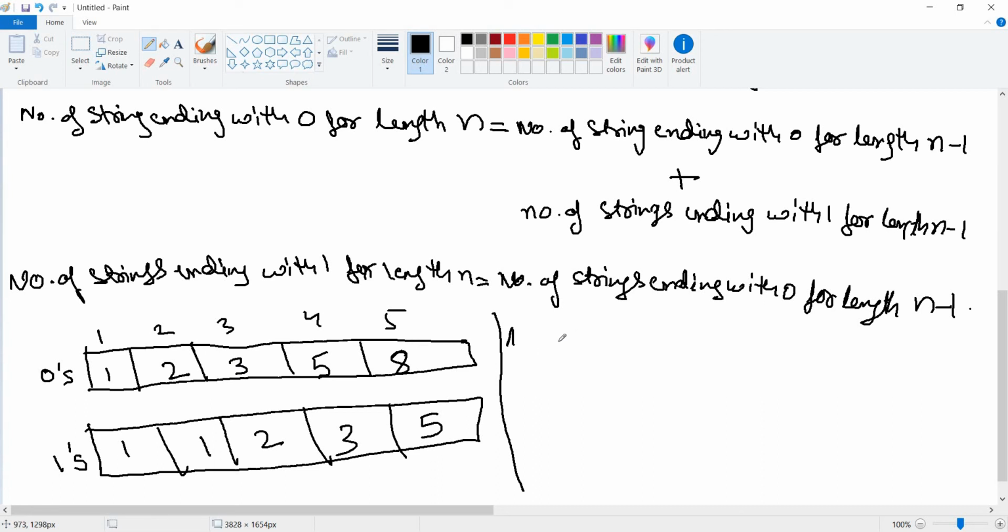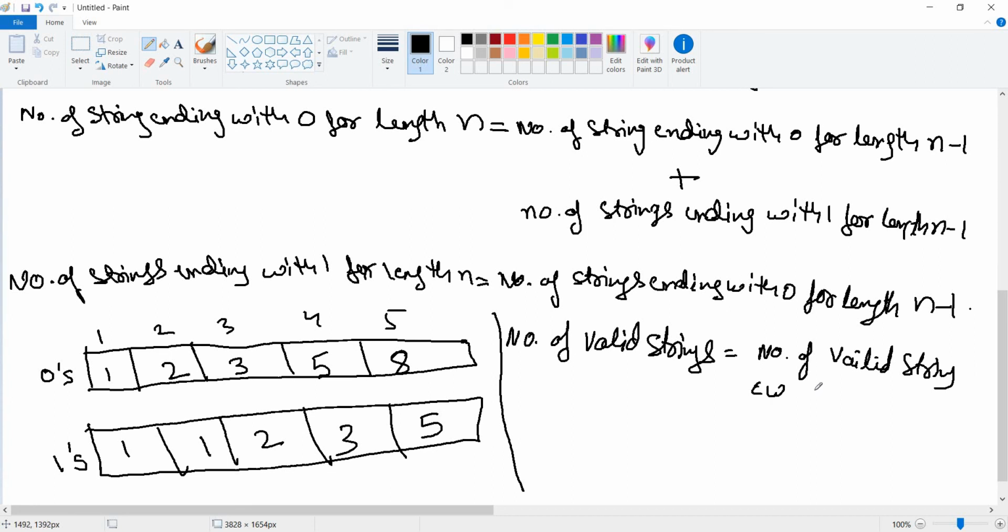So simple, the number of valid strings equals the number of valid strings ending with 0 plus the number of valid strings ending with 1. Simple. That's all for this video.